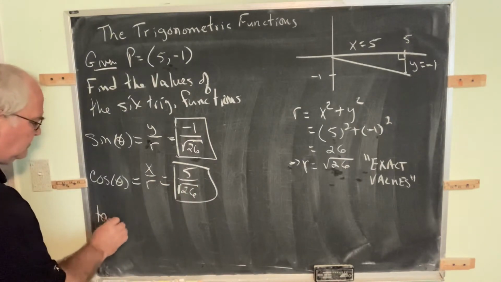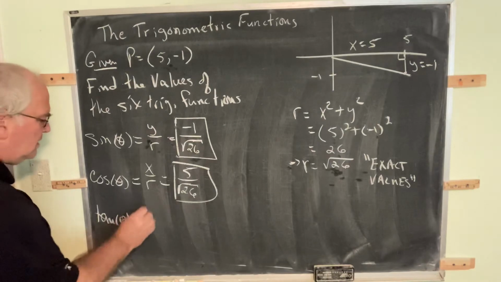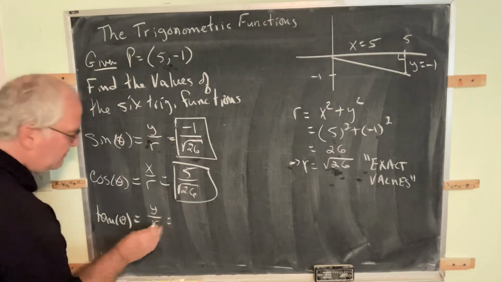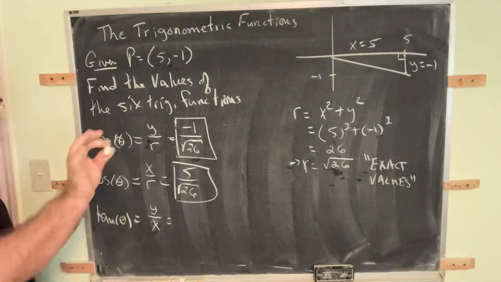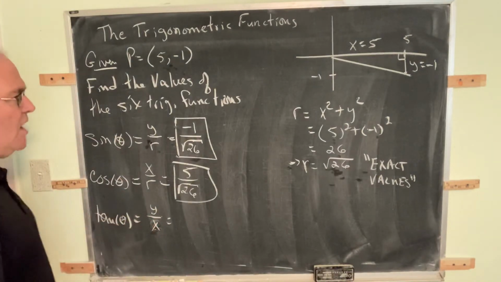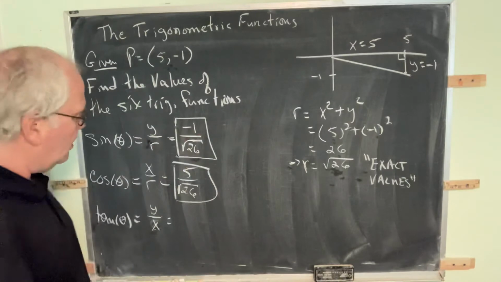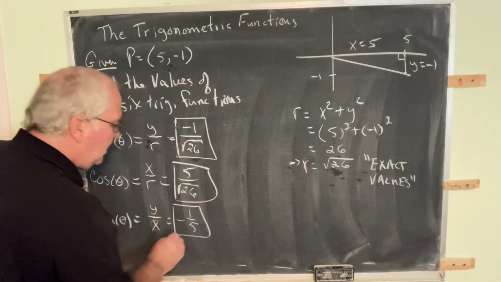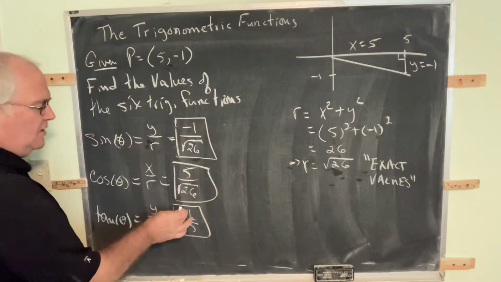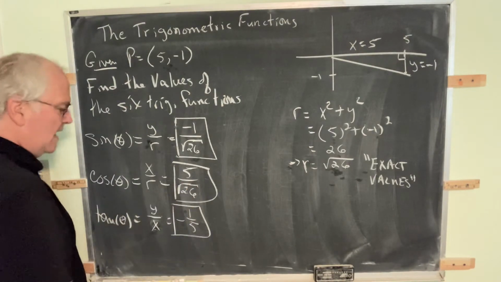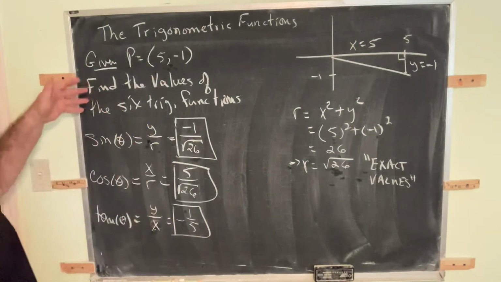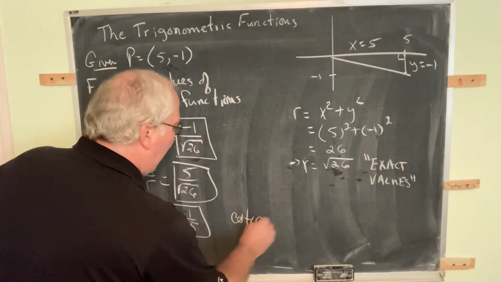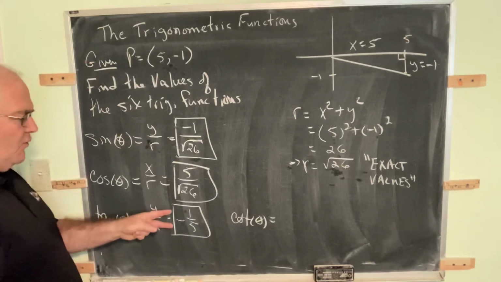Tangent. Tangent is y over x. Sorry, the chalk has gone bad. Y over x, and that's negative 1 over 5. Doesn't matter if the negative is out front or in the numerator, just as long as it's negative. And if all you're asked to do is find the values of the 6 functions, I'm okay with doing this: just form the reciprocal.